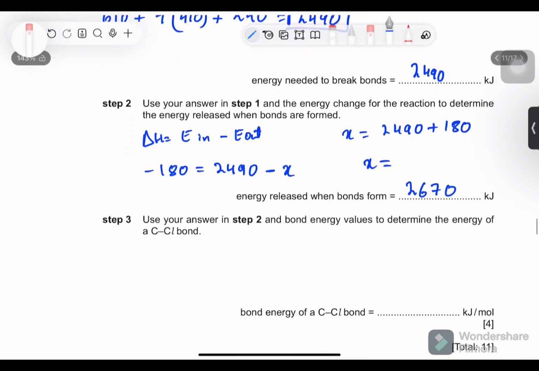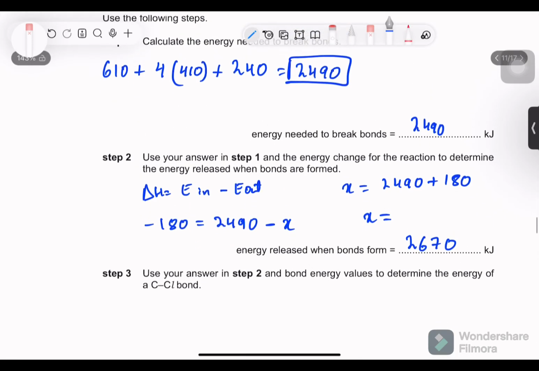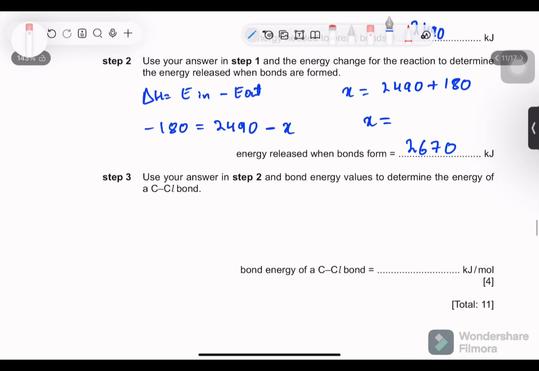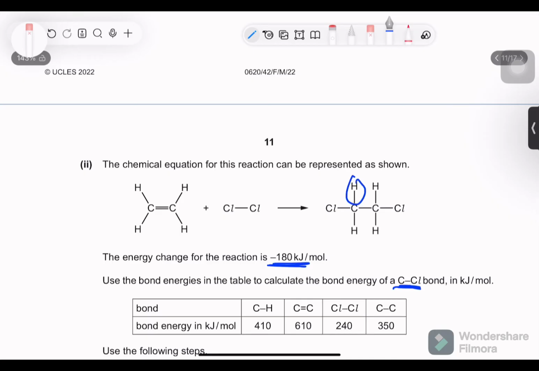Use your answer in step 2 and bond energy values to determine the energy of a carbon chlorine bond. So we know the total energy which is released in bond formation, which is this, and we know the energy for all these four bonds except this.